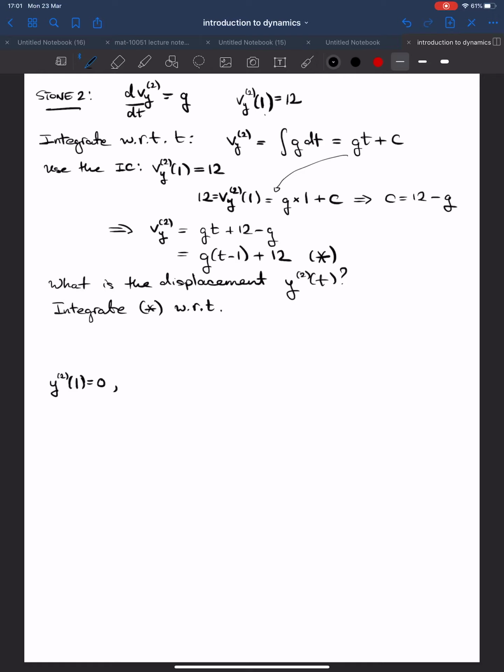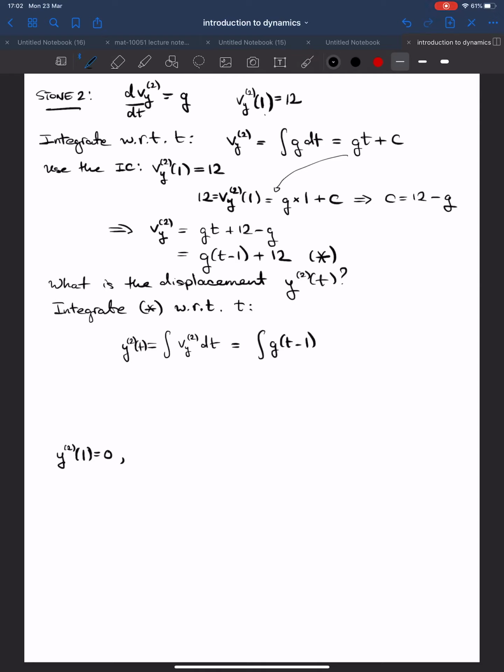You can do this by brute force, it's entirely up to you, or you can do what I'm about to do, which is something that we've practiced a few times, and I'll explain why I do this in a second. So I'm going to integrate star with respect to t. So I have the integral of vy2 should give me y2 of t, and then I have this integral to do.